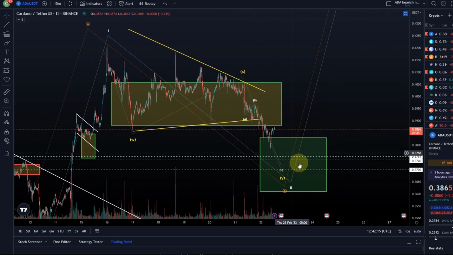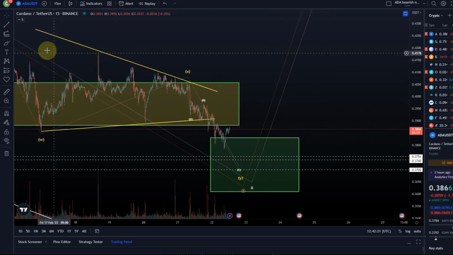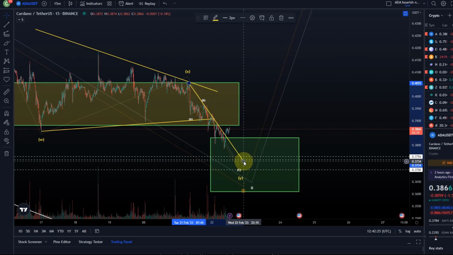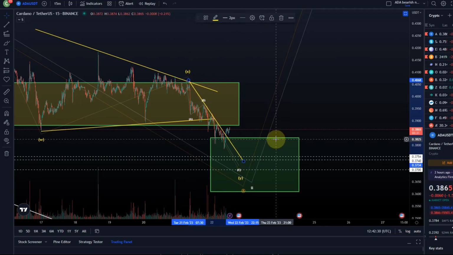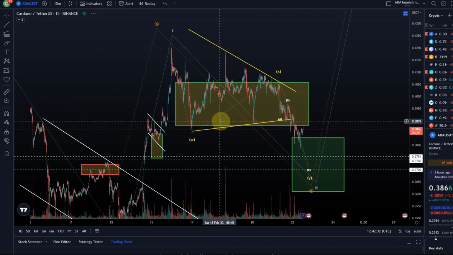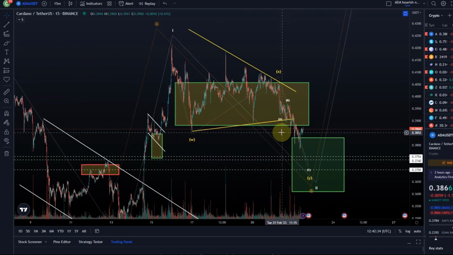Okay. But for now, I'd be following the path further down, even though the reversal here is fairly strong at the moment. You could even add a trend line here. You see the trend line is now broken to the upside. So we might see a little bit more of an extended bounce and then keep watching those targets to the upside. Important that we reached the larger support area, but not yet, let's say, the more accurate targets. Let's see.